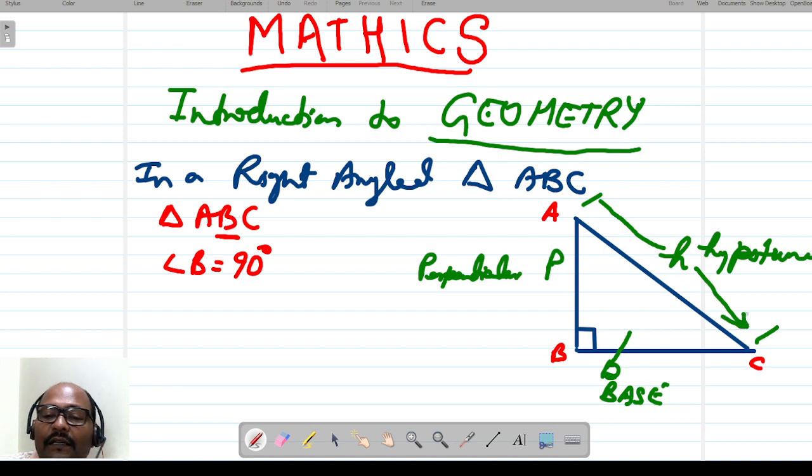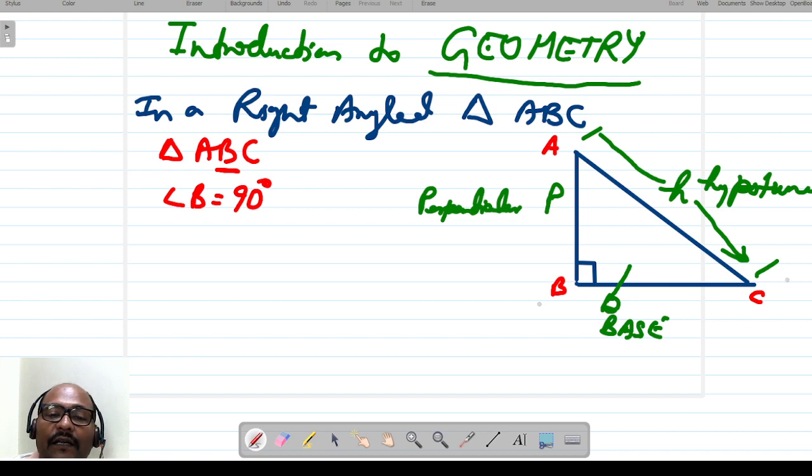Hypotenuse, right? So in a right angle triangle ABC, by Pythagoras theorem we can say, what is Pythagoras theorem?